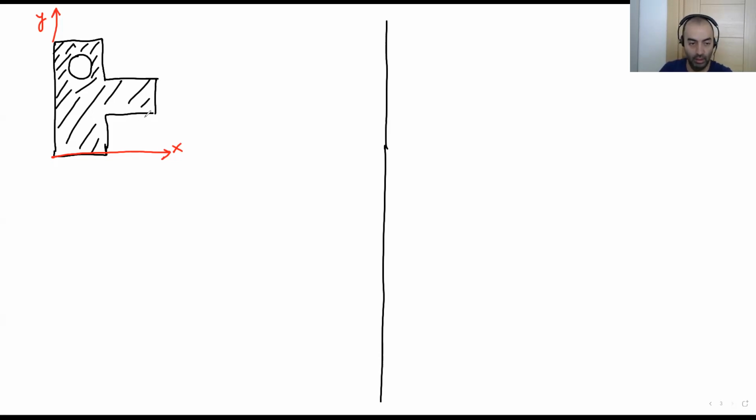Here, if I cut the system from here, let's say this part is A1. Okay, this is area 1, A1. And then for the total area, let's say I have a rectangle here. Okay, there is an opening in this area.